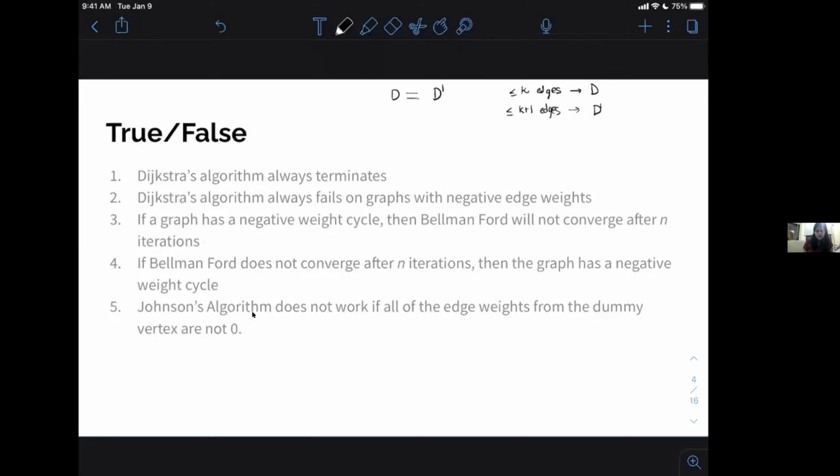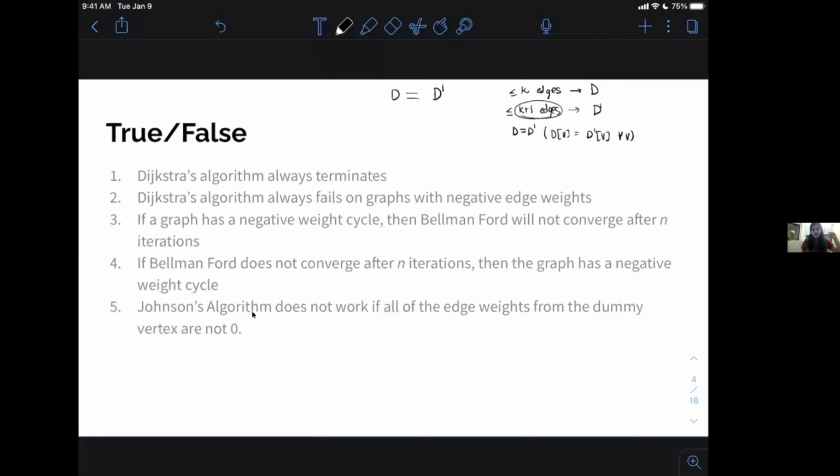So the claim is that if d is equal to d prime, which means that all of the distances for all the vertices are the same, so d(v) is equal to d prime(v) for all v, then that means that adding on this new edge or increasing the length of the path did not end up making the path shorter. So then you can say that no matter how many more edges you add on, it's not going to end up making the path shorter.